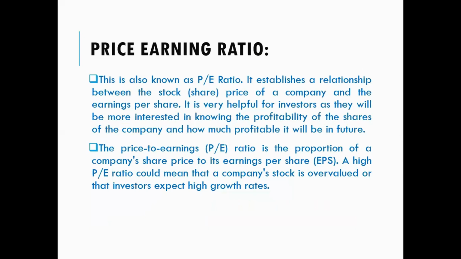Price earning ratio, also known as PE ratio, establishes a relationship between the stock price of the company and the earning per share. It is very helpful for the investor, as they will be more interested in knowing the profitability of the shares of a company and how profitable it will be in future.